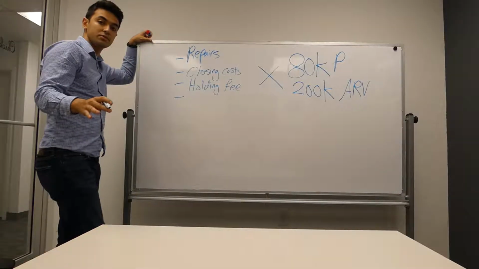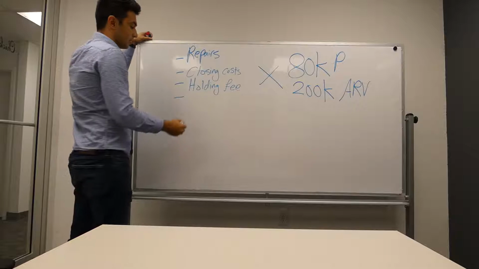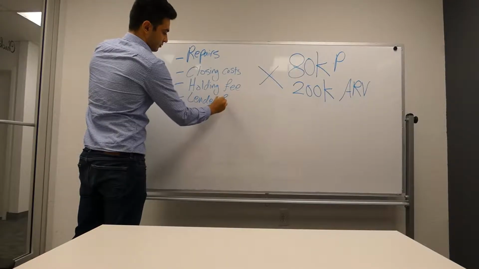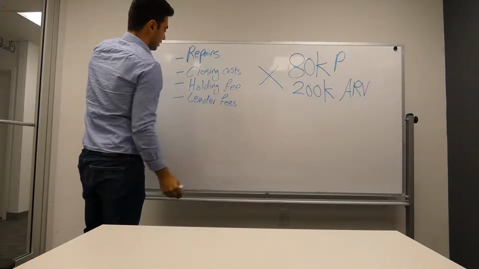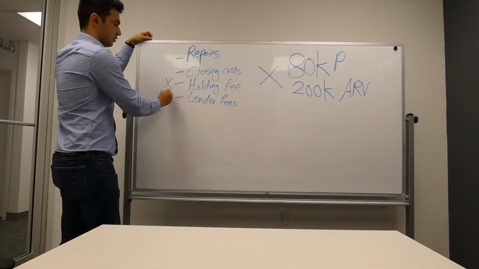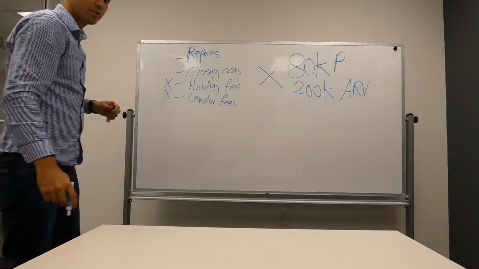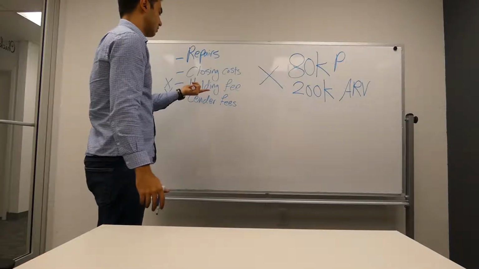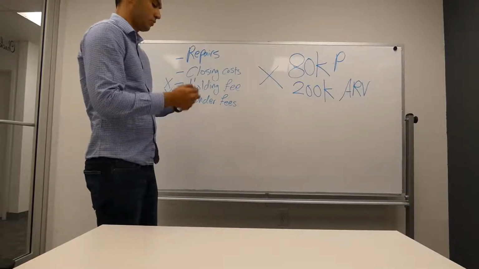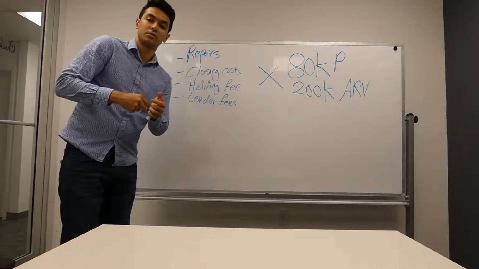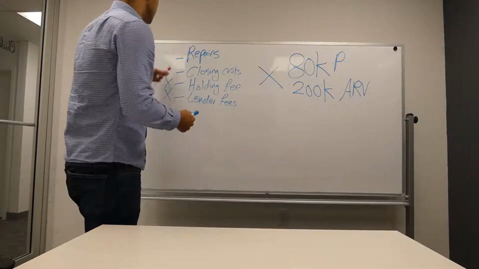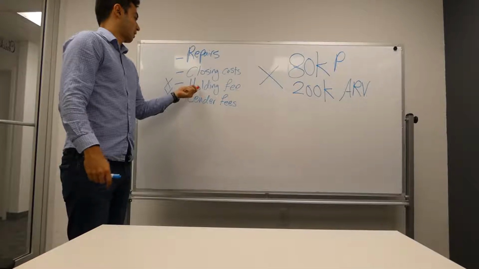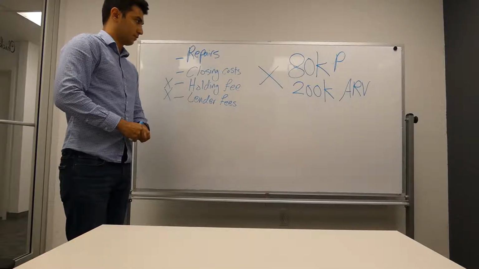And then if you're using a hard money loan or private lender, then you're going to have lender fees. Again, these two are optional. So if you're not using a lender, or if you don't calculate your holding fees, these are usually less than $1,000, so some people do, some people don't. We do use hard money lenders and private lenders in our projects, and we do calculate the holding fees.